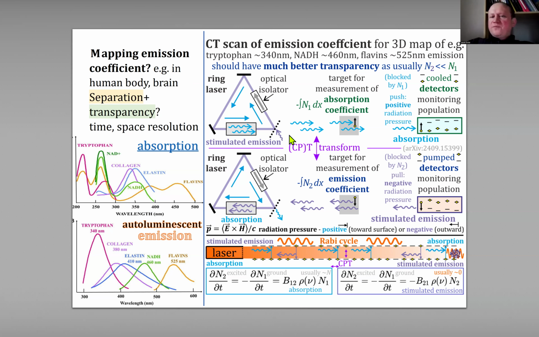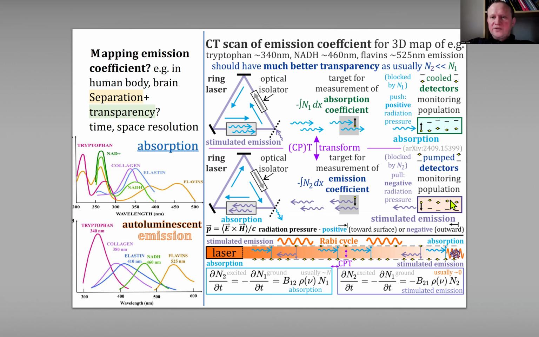So let's perform the CPT symmetry picture of this situation. We still have a ring laser, but we reverse the circulation. So instead of pushing here, it should pull here. Now it should cause de-excitation in the target. So here we have to use a pumped detector.